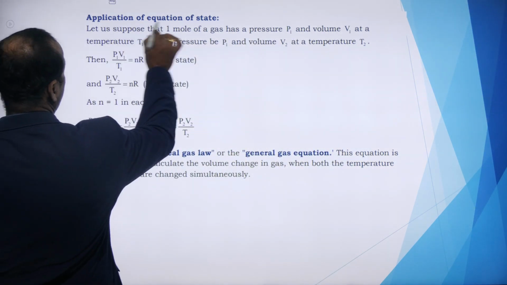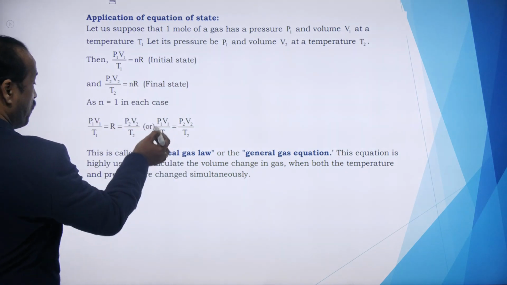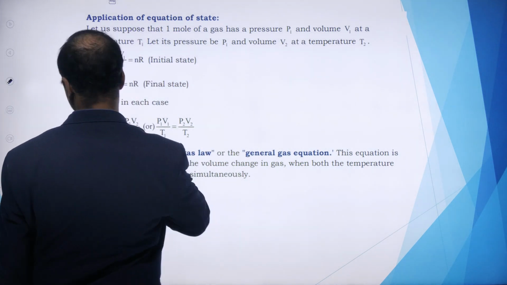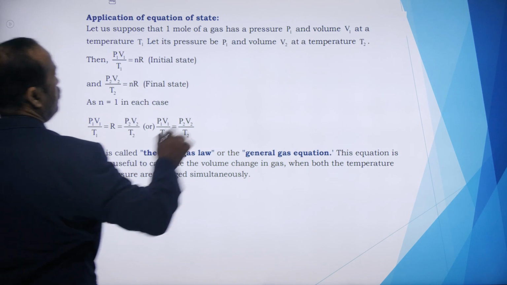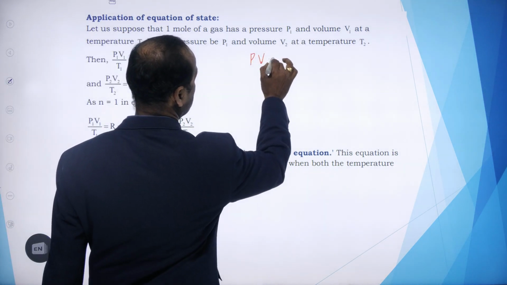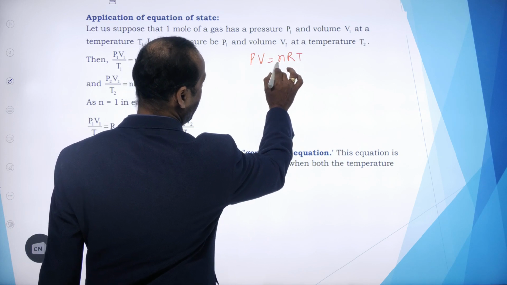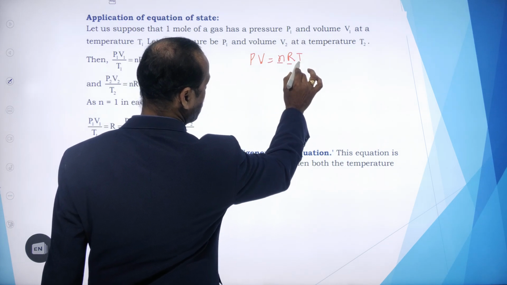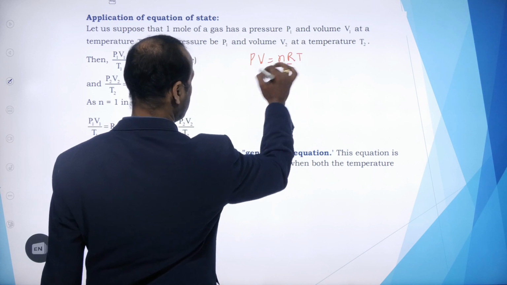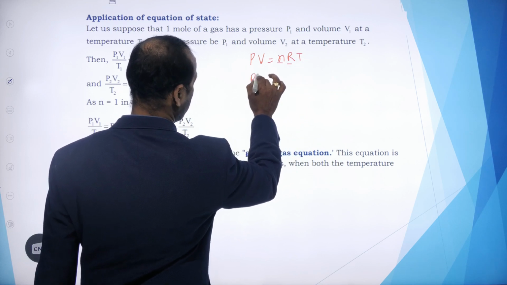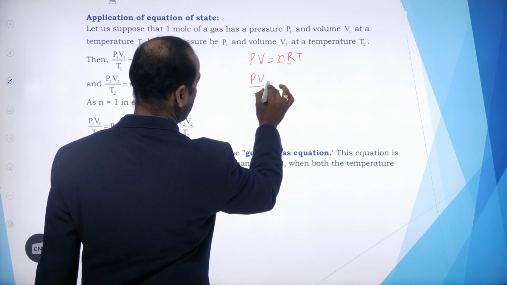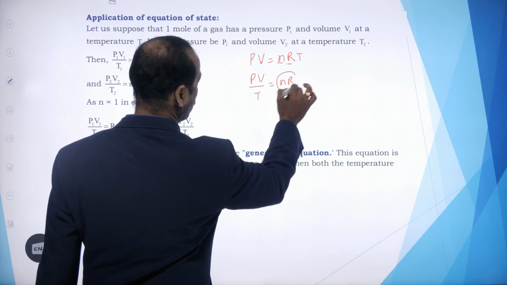Here you see, that equation can be written in different ways. Just now I told you how to write it. PV = nRT, correct? Here the number of moles n is constant, and R is constant. For example, I am maintaining the temperature, or otherwise I bring T to this side, so this becomes PV/T = nR. nR both are constant.